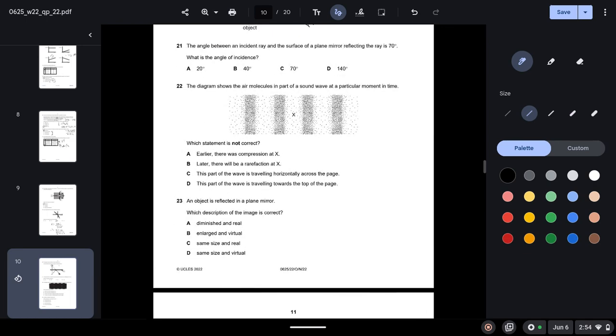The angle between an incident ray and the surface of a plane mirror reflecting the ray is 70 degrees. What is the angle of incidence? So let's suppose this is an incident ray. They are saying that the angle between the incident ray and the surface of the plane mirror is 70 degrees.